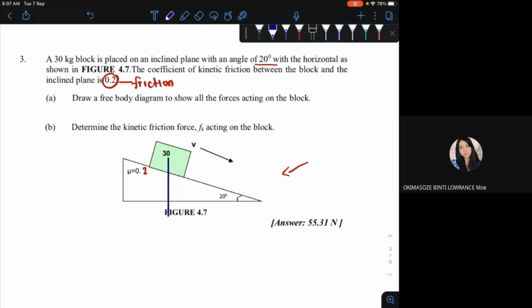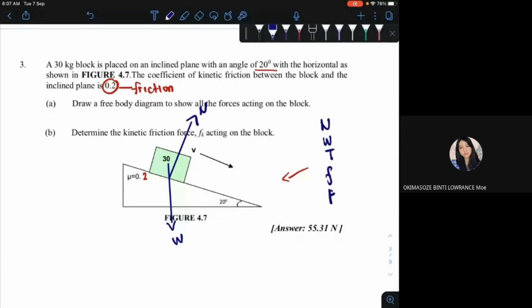So kita ada W. And then kamu akan ada normal. Kita belajar normal, weight, tension, friction dan juga external force. Okay, tension tak ada, friction ada sebab dia cakap kita ada coefficient of kinetic friction.